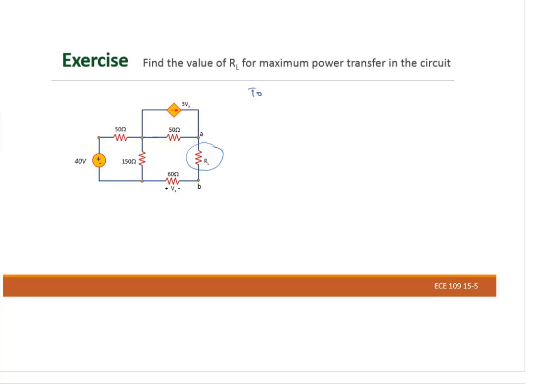Because we're gonna find the Thevenin equivalent, we're gonna take off the RL, so we have this circuit, plus minus here 40. We're gonna have this right there, this way here 3 VX.